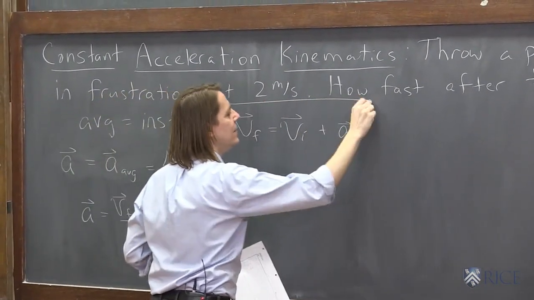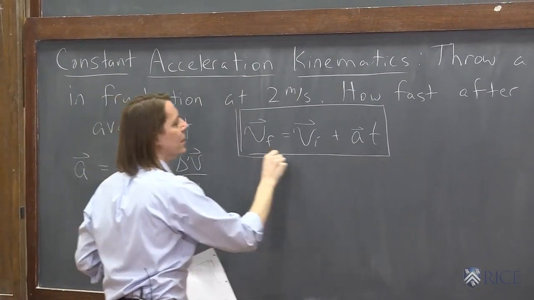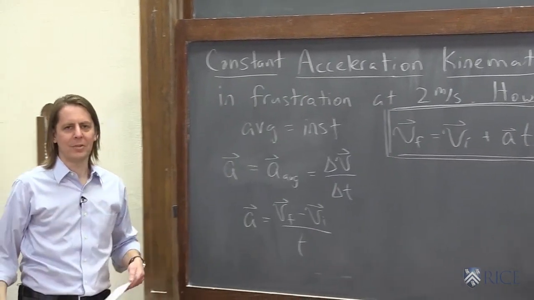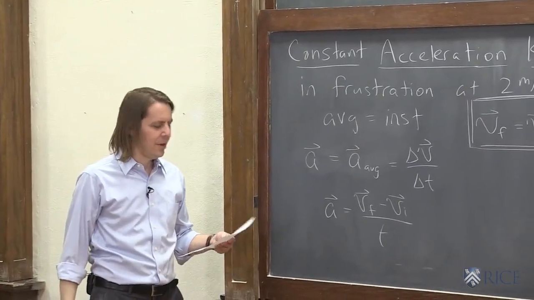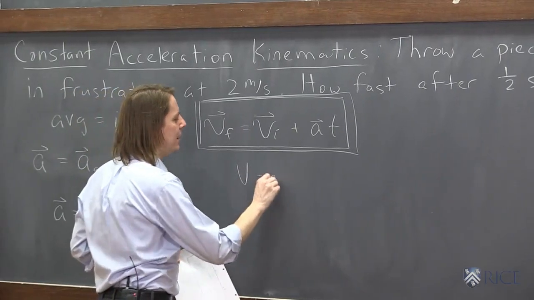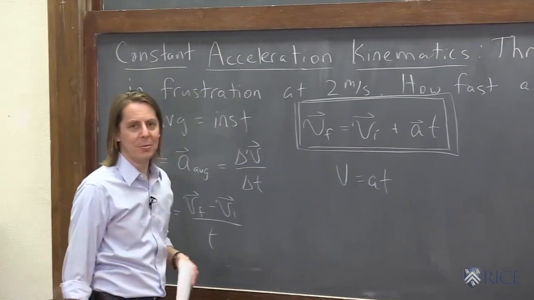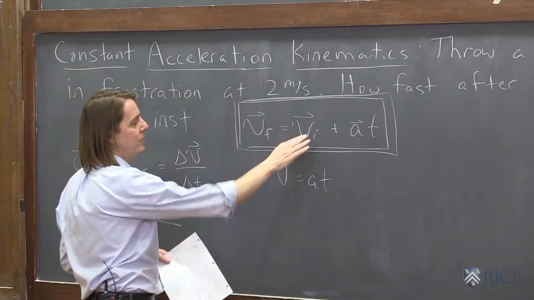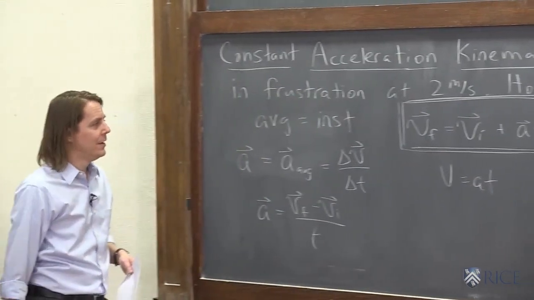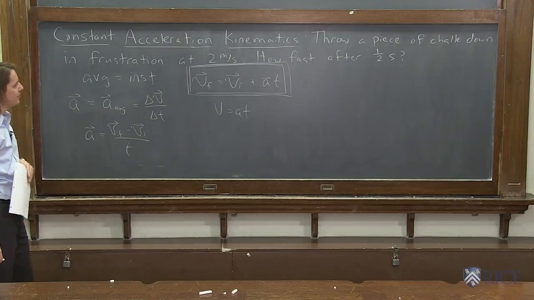And that is yet another important kinematics equation. This is how you figure out how fast something is going after it is accelerated for a while. Maybe this one has a street name, v equals at, if you're being simple. That was just the velocity you got to if you started at 0 without all the vector notation all over it, right? So you may have seen this one before.